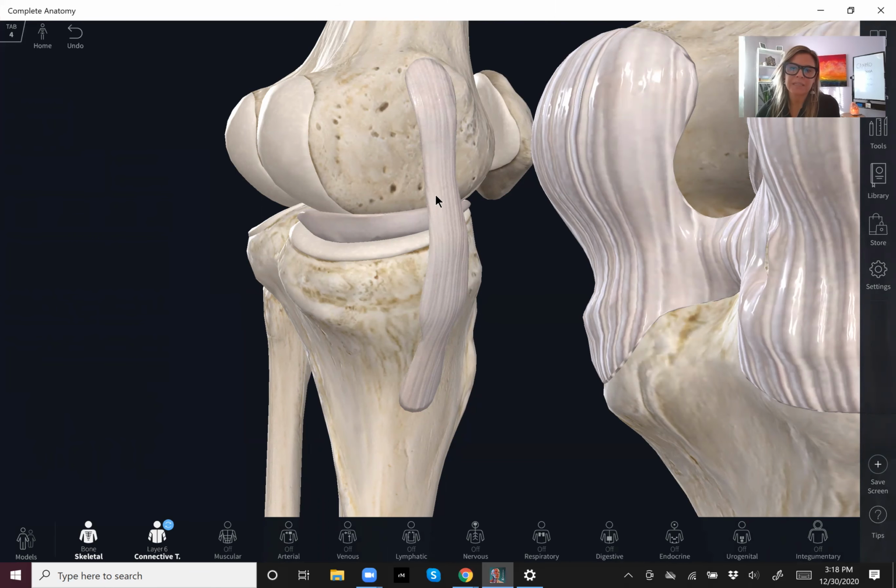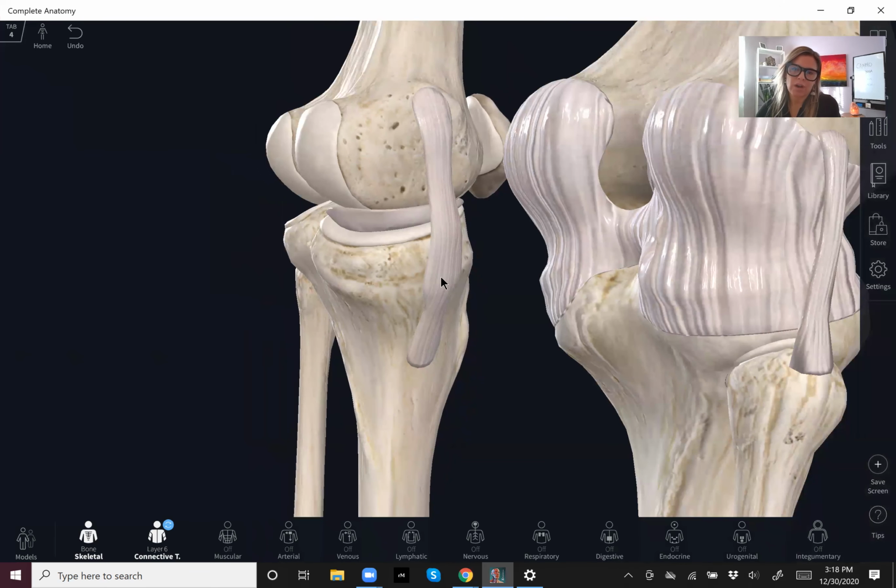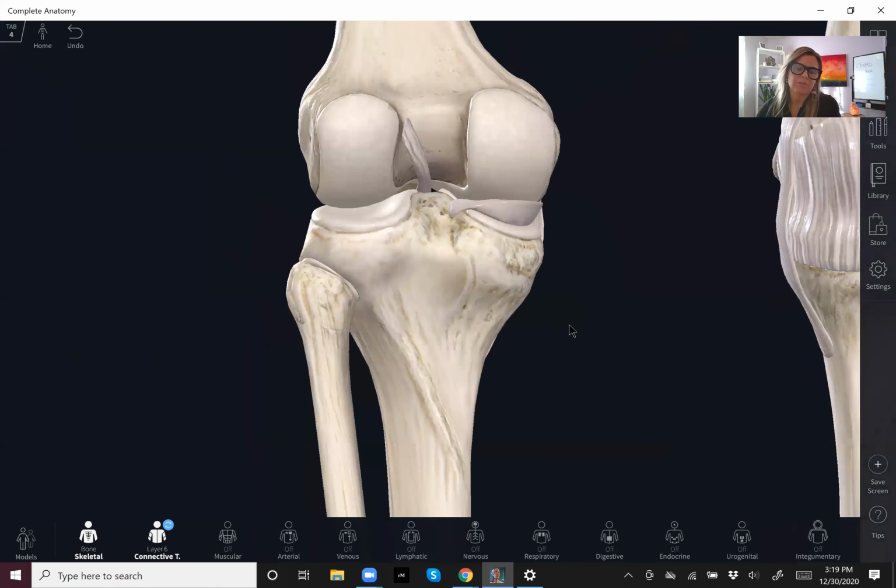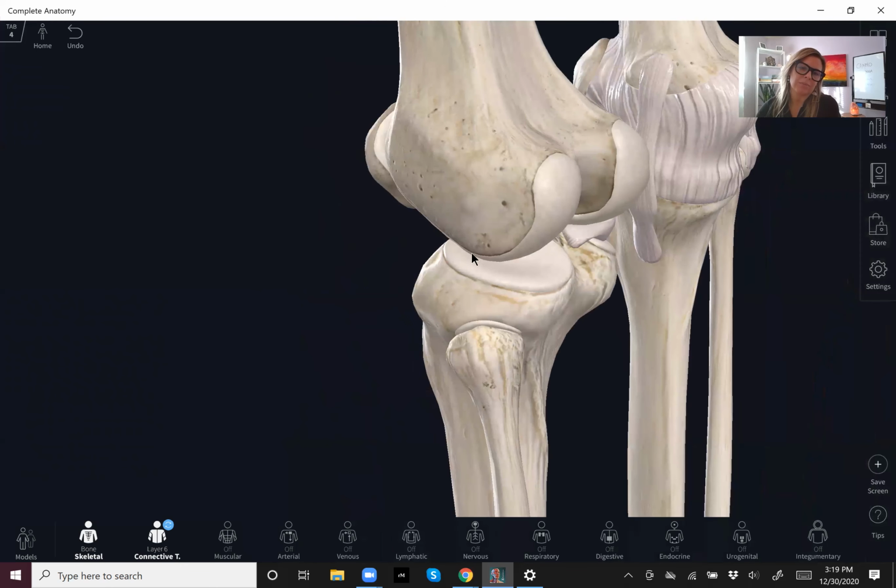And oftentimes in the knee, this is one of the more common sports injuries, as people will have an MCL tear. So they'll be hit from the lateral side of the knee, or they'll plant incorrectly.